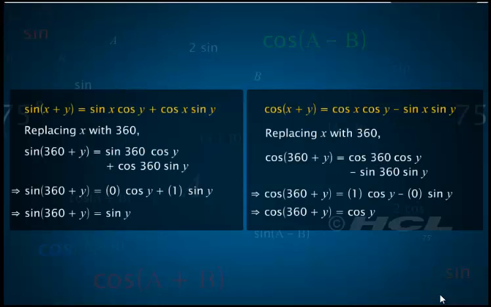Next, replacing the value of x with 360 in the sum formulae of sine and cosine, we obtain the trigonometric functions cos and sine of the allied angle 360 plus y.